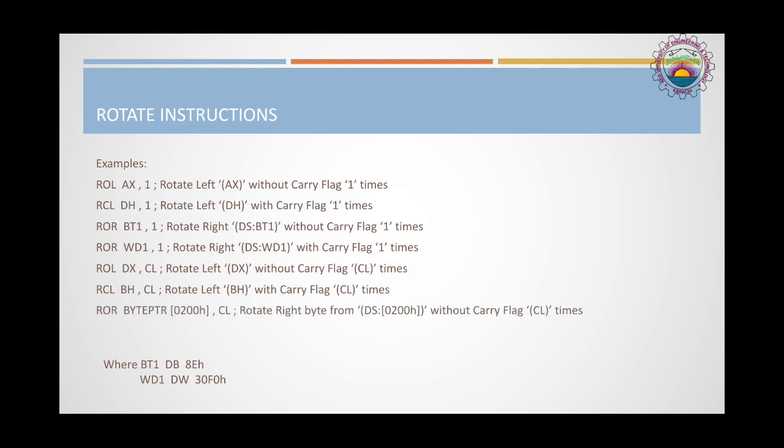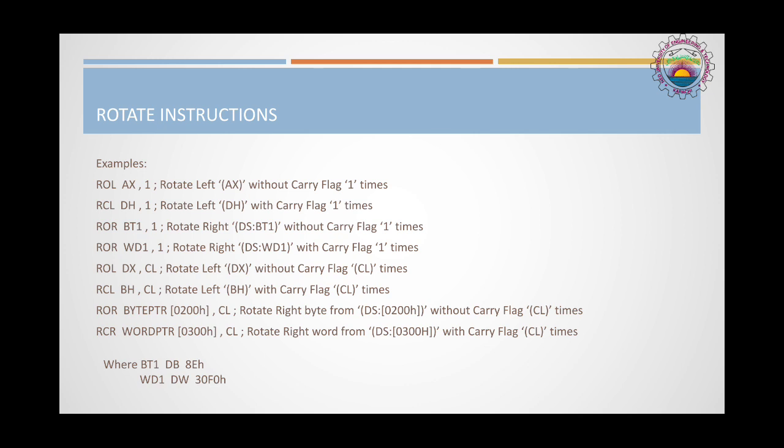ROR byte ptr [200h], CL. So a byte is fetched from offset 200 within the data segment, and that byte will be rotated right within the ALU CL times. Then the result of that rotation will be stored as a byte at location 200 within the data segment. That is the complete operation for this instruction.